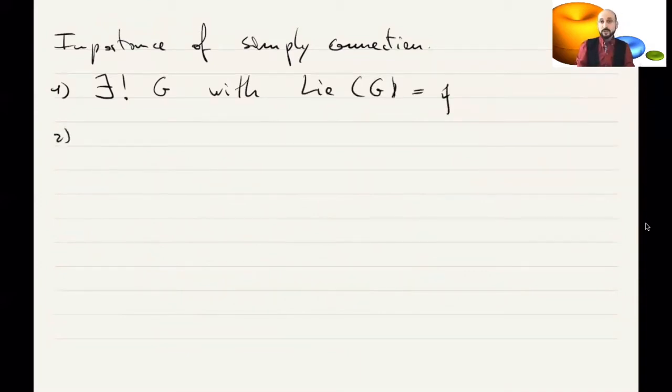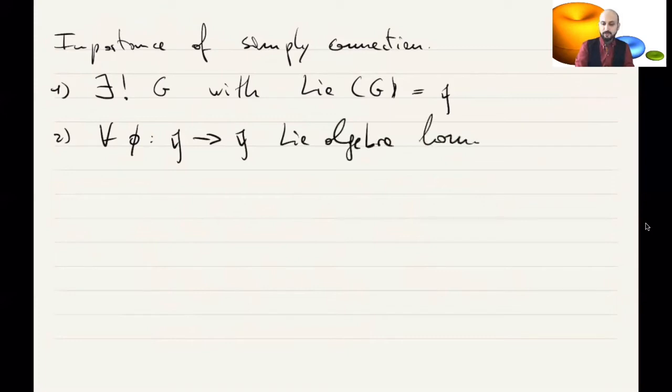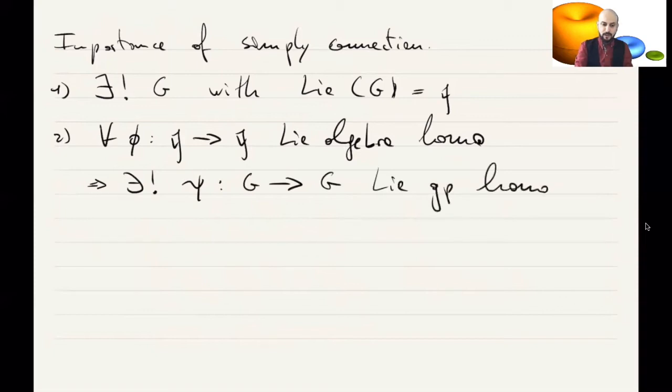But a second one, which we will make use of, is the fact that whenever you have a Lie algebra homomorphism φ, then there exists a unique Lie group homomorphism such that the differential at the identity of this homomorphism is the Lie algebra homomorphism φ.